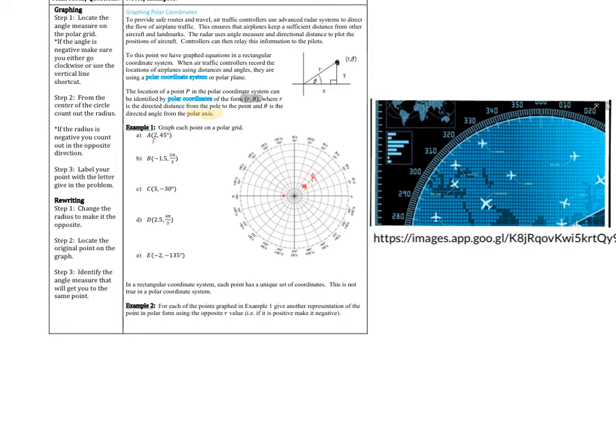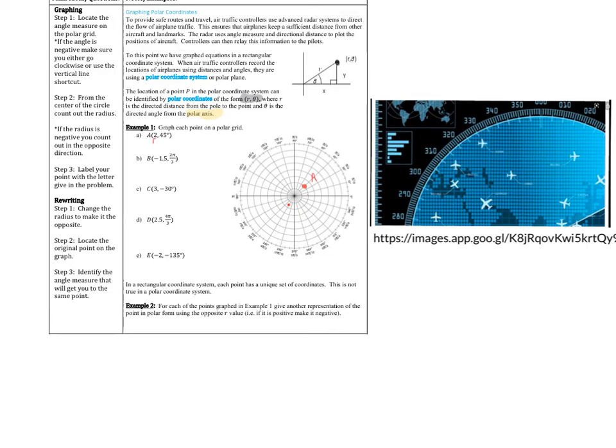And then this is a positive 2 pi over 3, so we're going to go counterclockwise because we're going positive 2 pi over 3. That is 120 degrees as well if you want to use degrees.